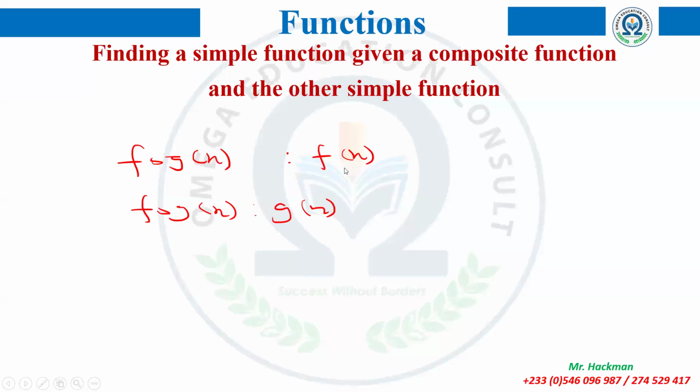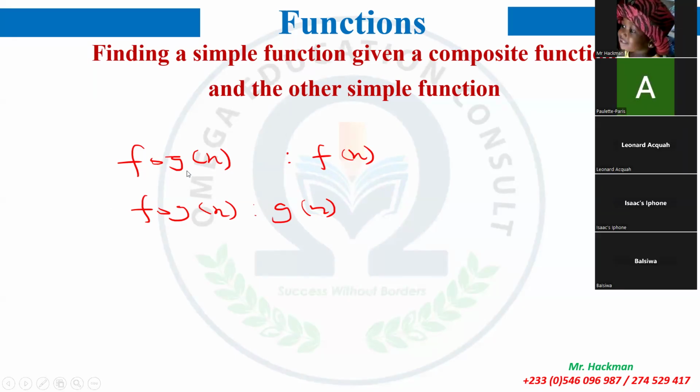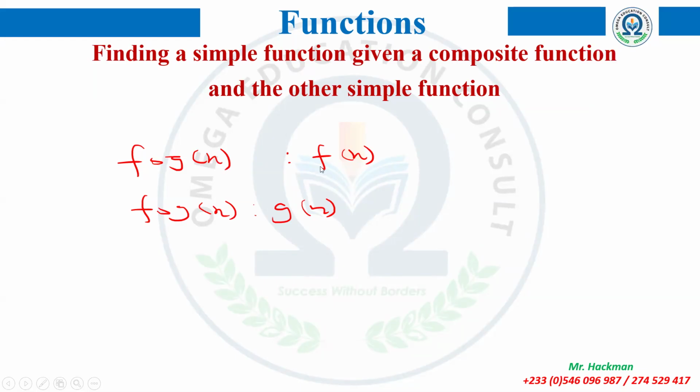You get it? So in the same way, if I have f of g of x and I give you g of x, then the other function that you'll be asked to find will be f of x. All right, so this is it: two situations. If you are given f of g of x and the question also gives you f of x, it means the question gave you the composite function and has given you the outer function of the composite function.